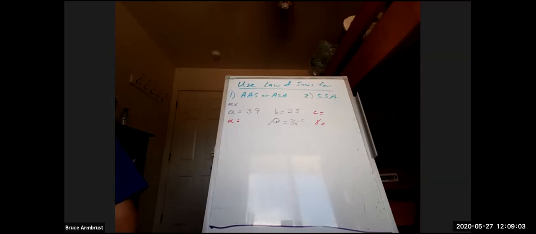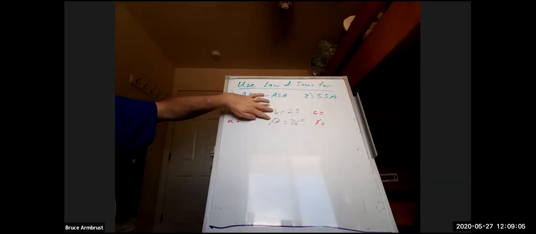All right, but this is side-side-angle because this side and angle pair go together. So what I need then is the law of sines piece that involves B and beta. And then I also want it to include A, because that's the only other thing I know information for.